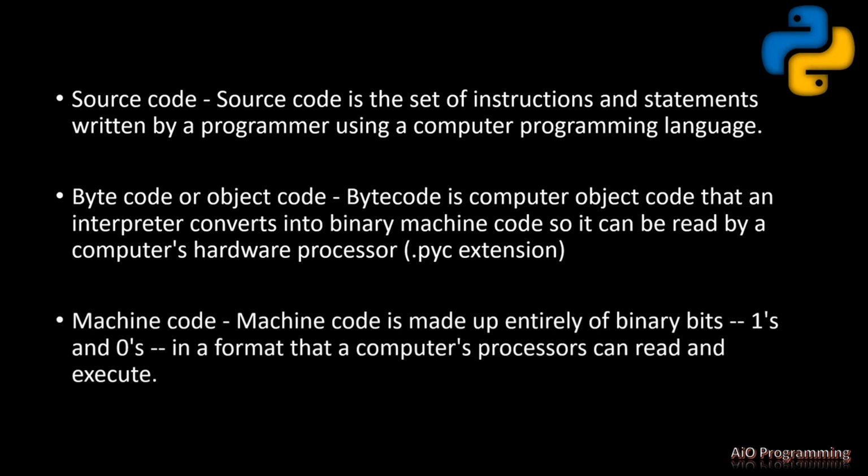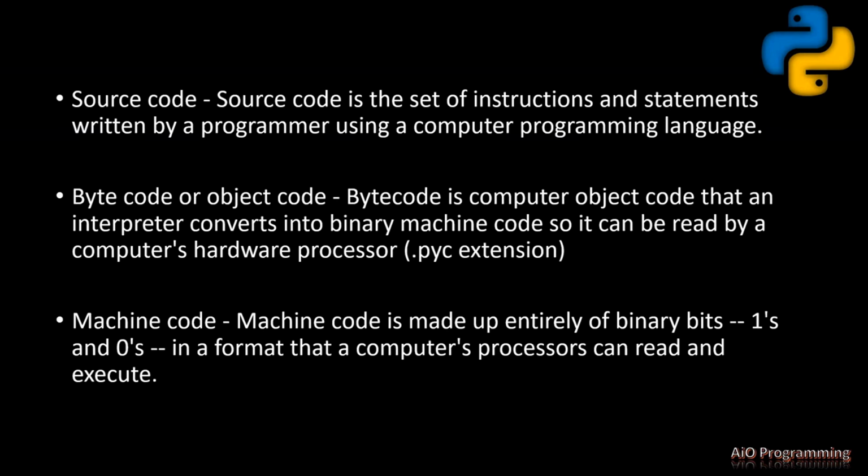Next, what is machine code? Machine code is made up entirely of binary bits, ones and zeros, in a format that the computer's processor can read and execute. Computers don't understand human language or high level language, so the Python interpreter needs to convert the source code into machine code, the language consisting of 0 and 1 binary bits, so that the computer's processor can read and execute it.